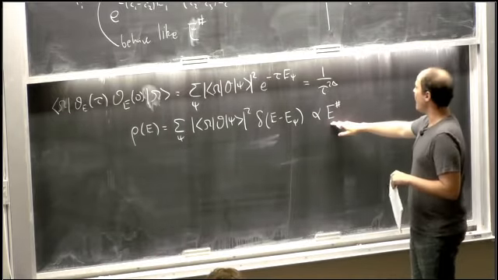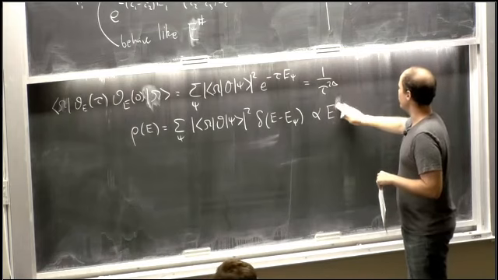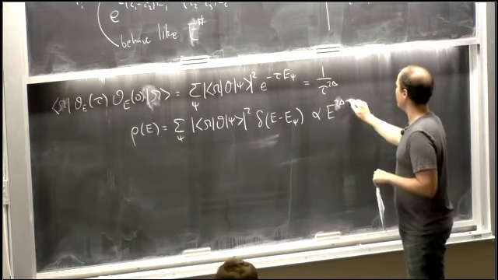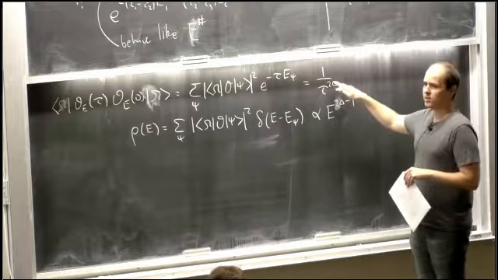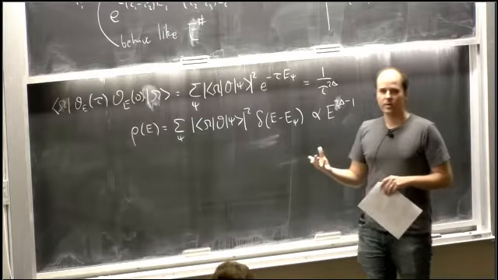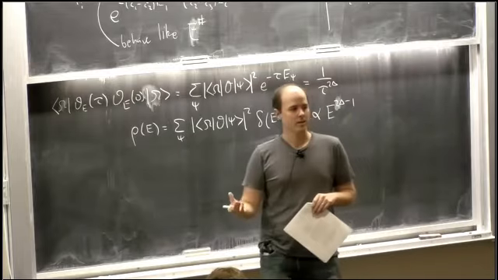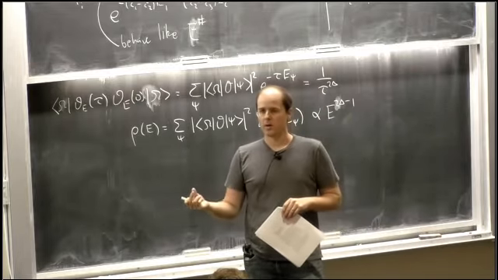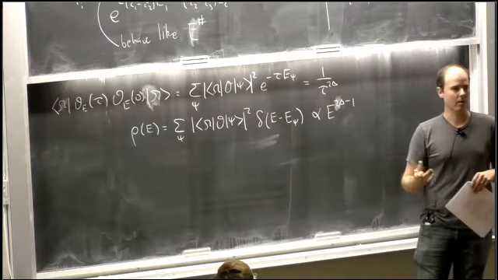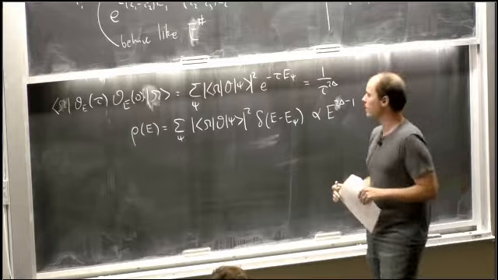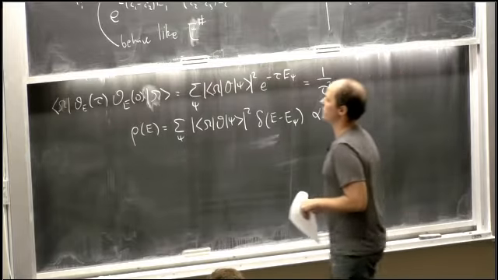Essentially, the reason for this power of energy, and I'll just write the answer, so it's going to be like e to the 2 delta minus 1. The reason for this is because there's a power law singularity. So the fact that Euclidean correlators have power law singularities as local operators become close to each other translates into the statement that these transition amplitudes grow like a power law of the energy. Okay? So this is an exercise.